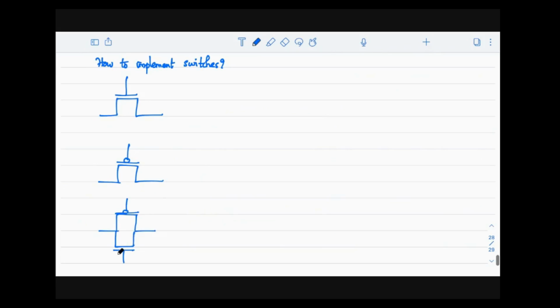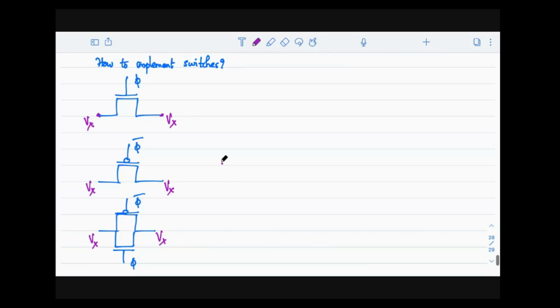Right, now I'm just marking this as 5. If this is 5, that is 5 bar, this is 5 bar, and this is 5. Now look at the terminals, or what we want to pass through the switch. Say what I want to pass here is a voltage Vx, and if I'm assuming that the switch is closed, the right side will also get the value of this Vx.